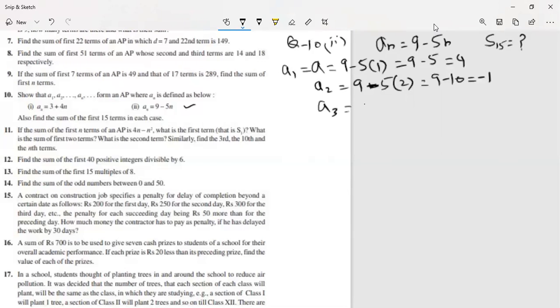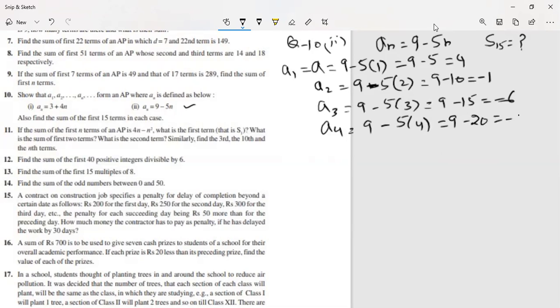Third term, 9 minus 5 into 3, 9 minus 15, that is equal to minus 6. And A4 is equal to 9 minus 5 into 4, 9 minus 20, is equal to minus 11. So we got the series as 4, minus 1, minus 6, minus 11 and so on.